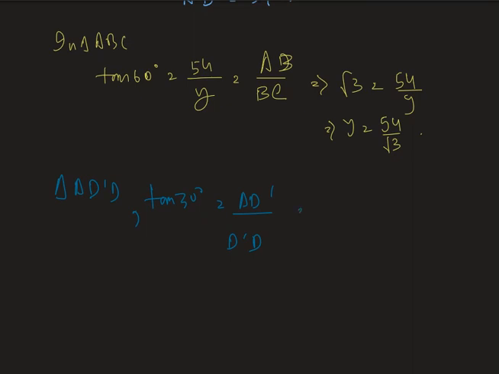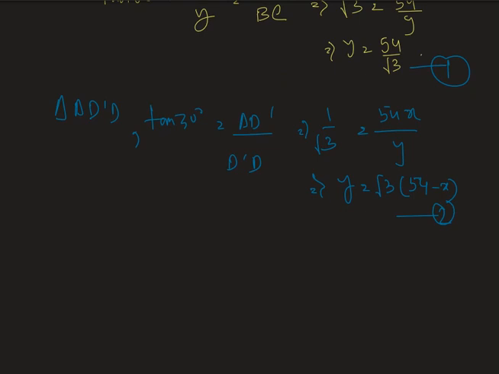This implies 1 by root 3 is equal to 54 minus x, as AD prime is 54 minus x and D prime D is equal to y. Hence from this we get y is equal to root 3 multiplied by 54 minus x. Now this is equation 1 and this is equation 2.